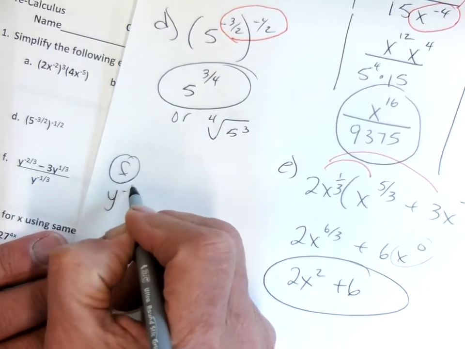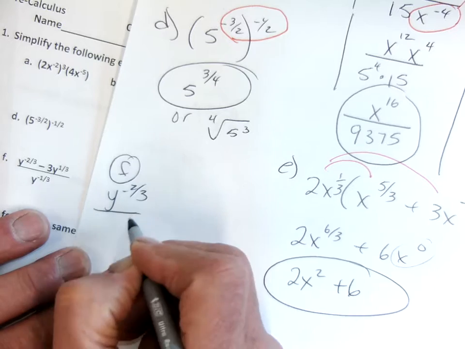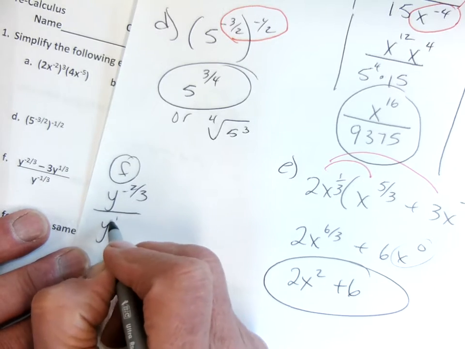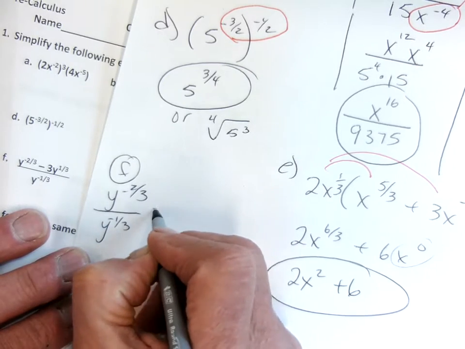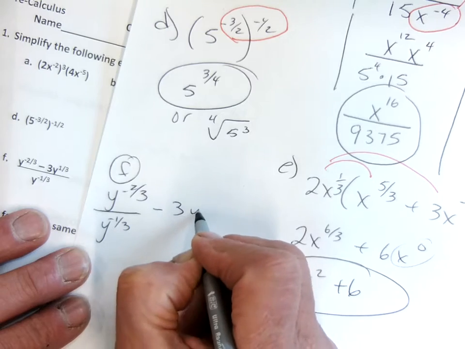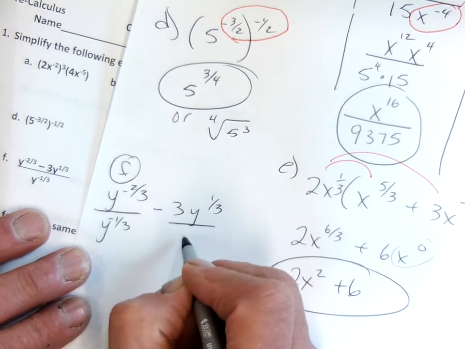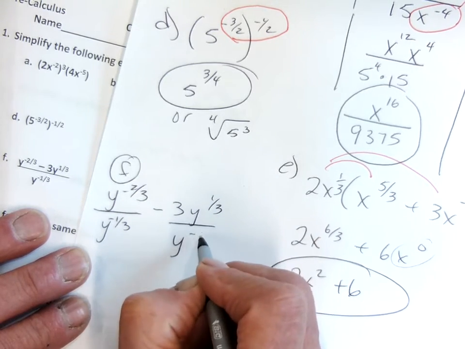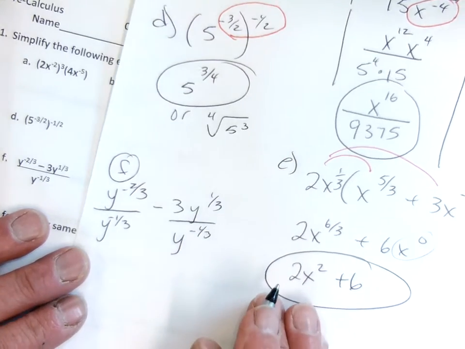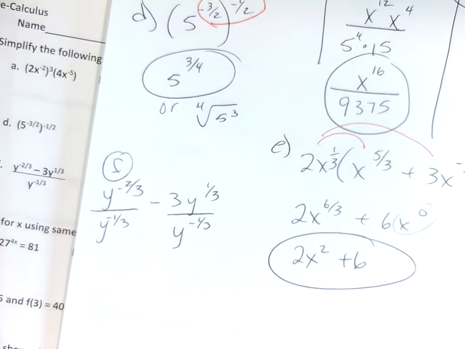Y to the negative 2/3 over y to the negative 1/3 minus 3y to the 1/3 over y to the negative 1/3. Okay, what did I do? I made it into two fractions, right? They're both being divided by the same denominator.